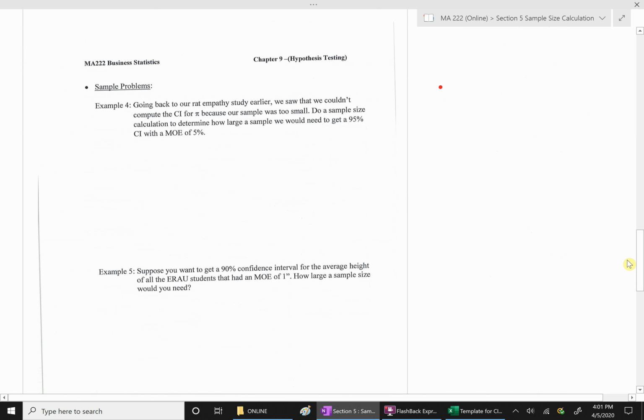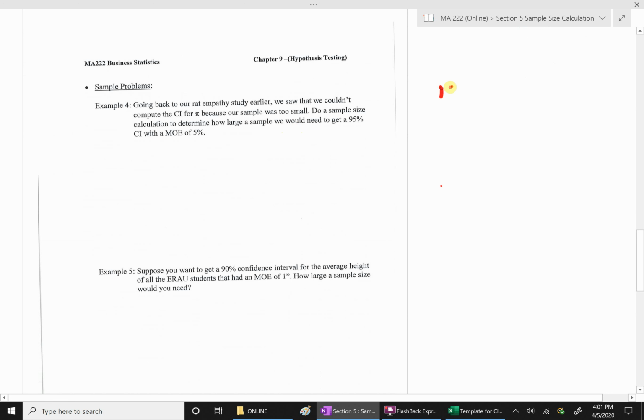So going back to the rat empathy study we did, we noticed that we couldn't actually compute a confidence interval because our sample size was too small, right? So remember that for the confidence interval, the central limit theorem calculations are different.